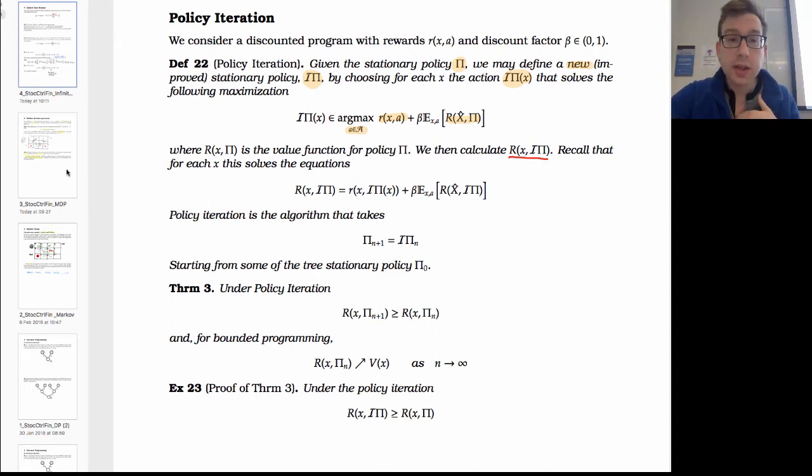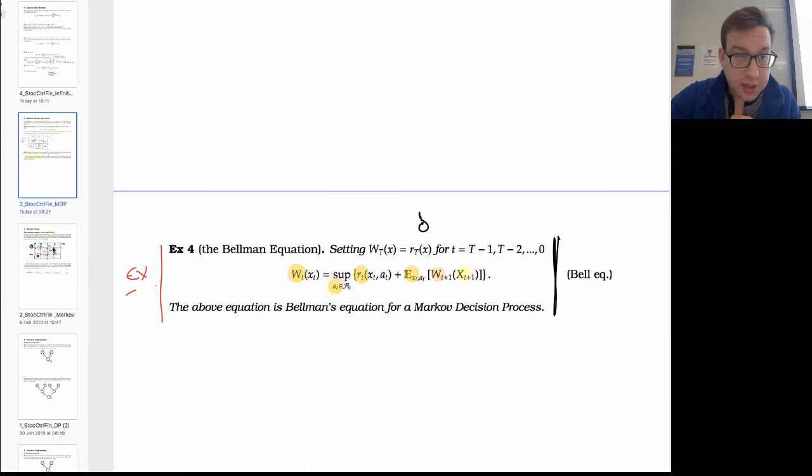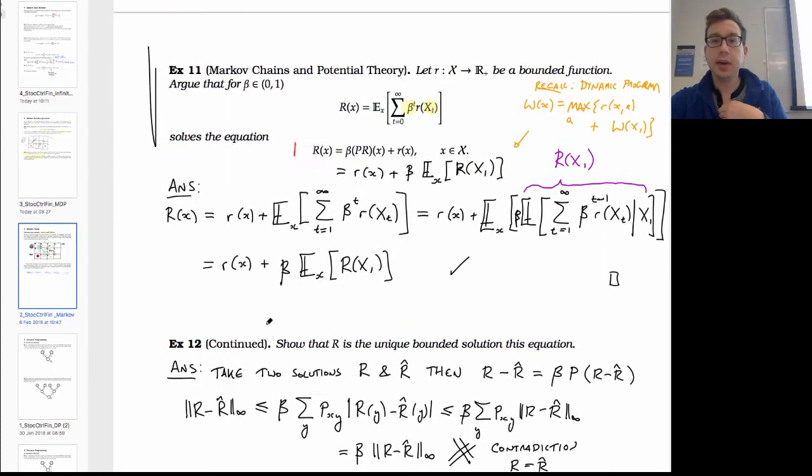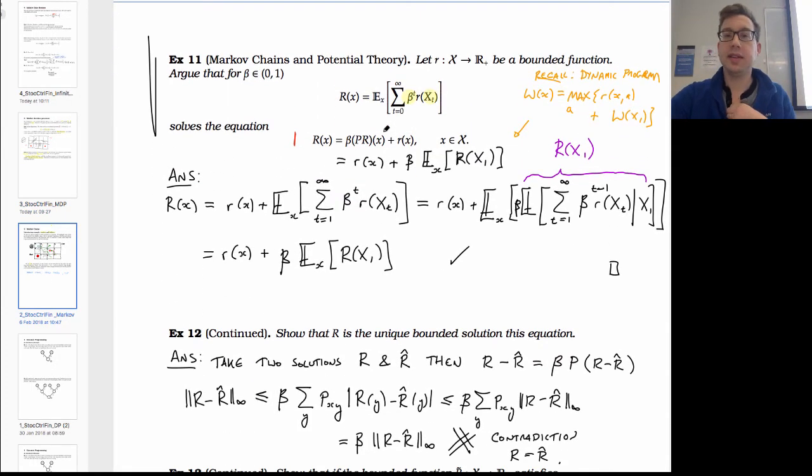So then I can look at my notes on Markov chains here. Remember that if we've got a Markov chain, I want to evaluate the rewards associated with that Markov chain. It solves this equation: R of x is equal to beta P R of x plus little r of x.